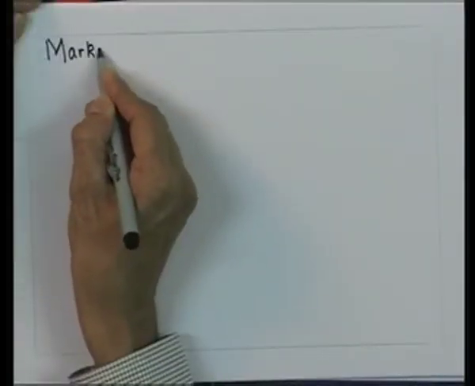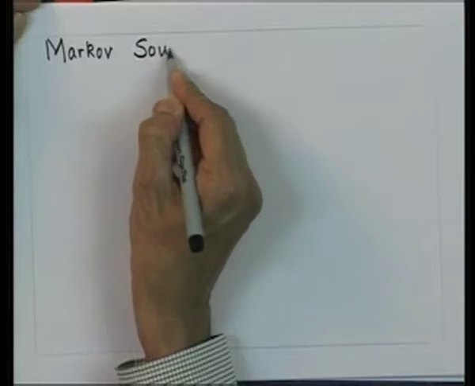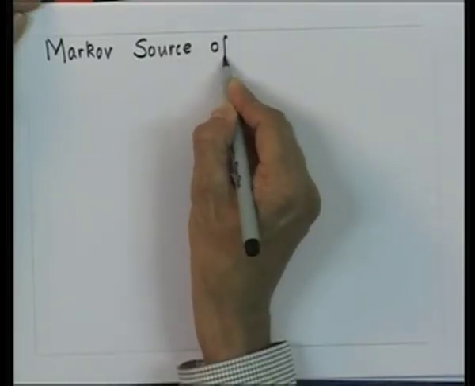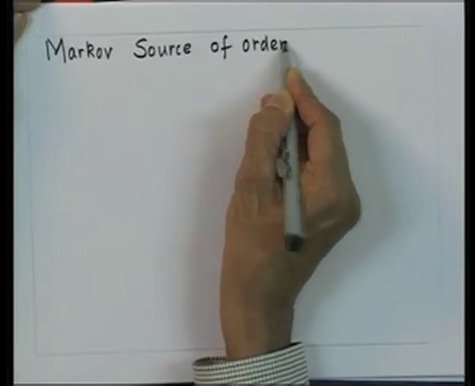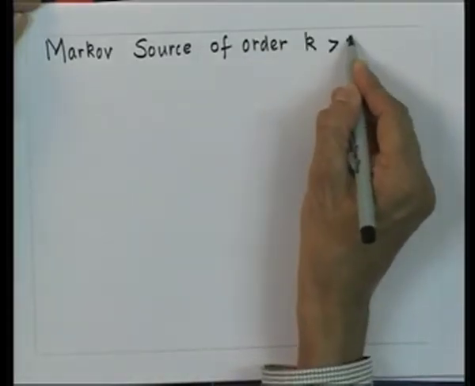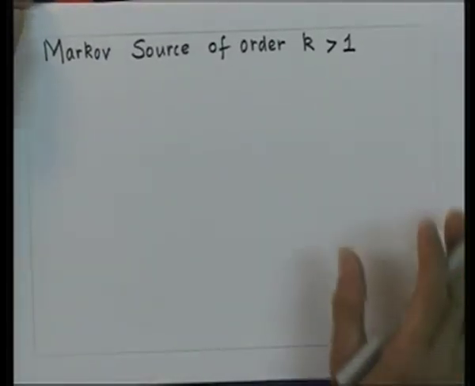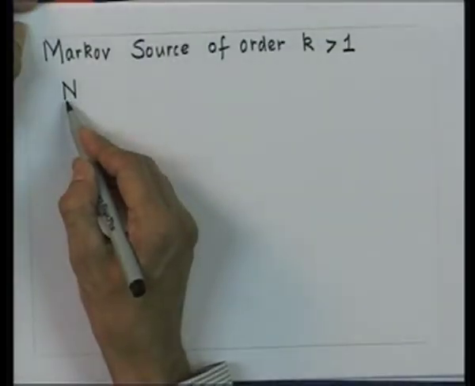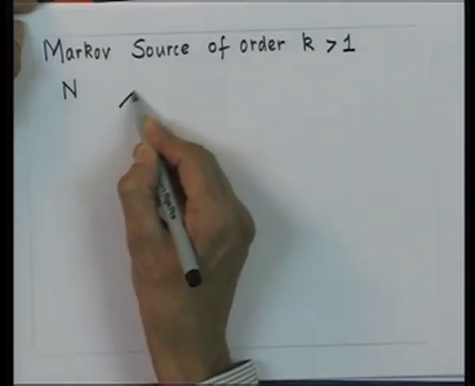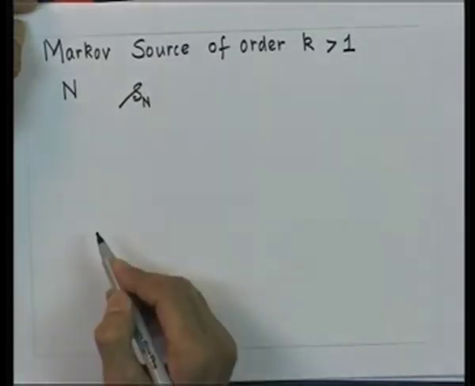So, I will consider a Markov source of order k which is greater than 1, and at the moment I am interested in the occurrence of a particular symbol at the time instant, say capital N. So, let me denote the symbol which occurs at time instant capital N as Sn.